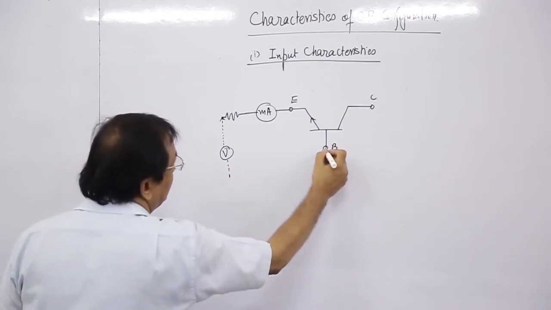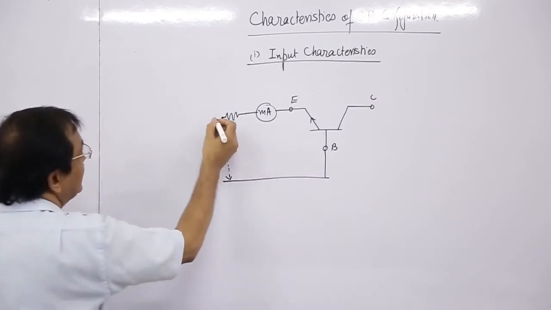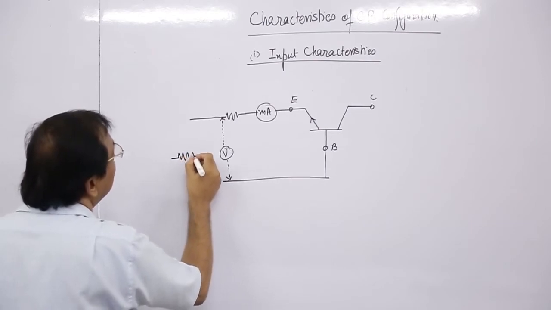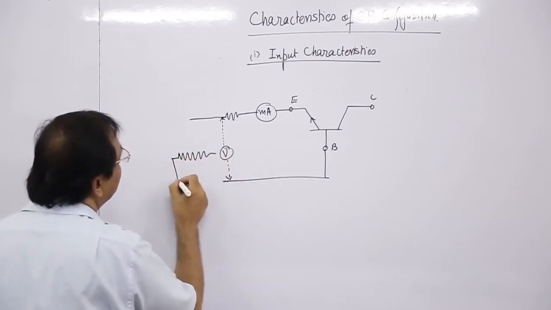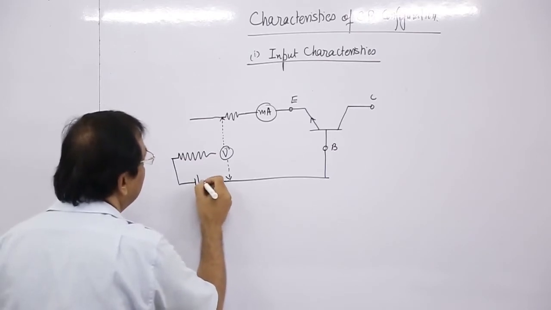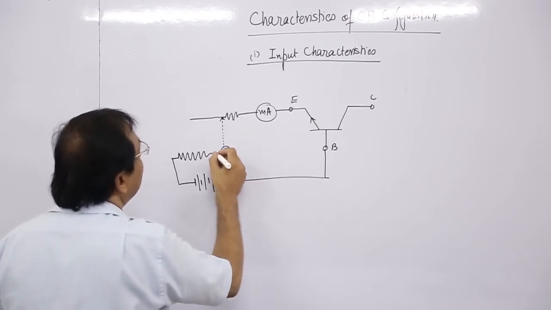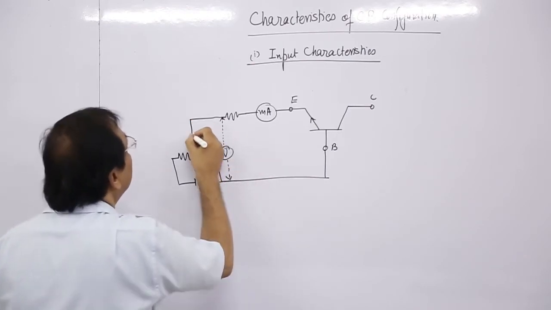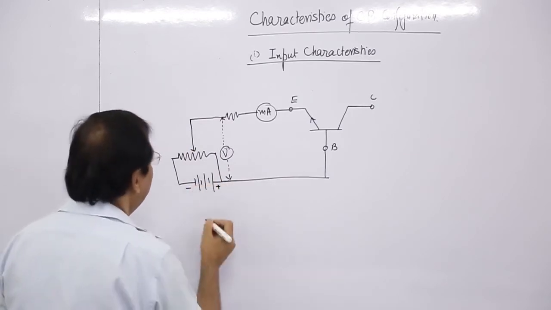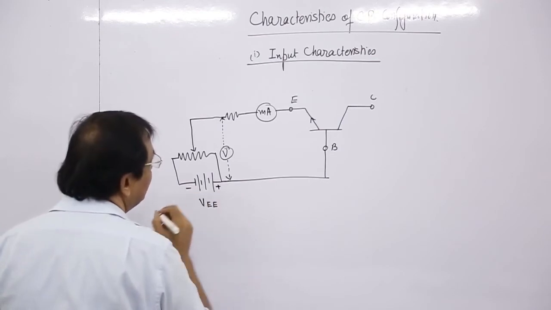And then in order to measure the voltage V in between the base and emitter, this is the variable, minus here, plus here, this is VEE.